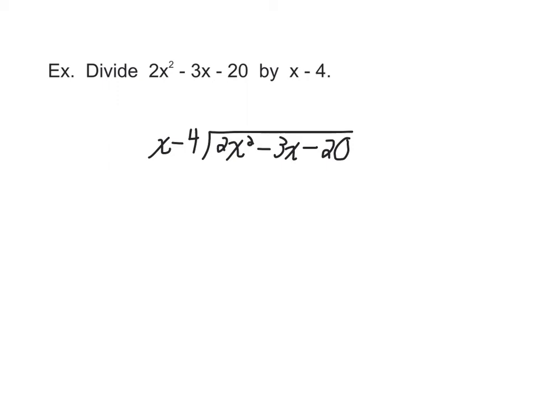All right, I want to think about what can I multiply x minus 4 by, or just even plain x, to get 2x squared. We're going to need a 2x. So off to the side, I'm going to go ahead and figure out exactly what 2x times x minus 4 is. That's how you know what to subtract off. I got 2x squared minus 8x.